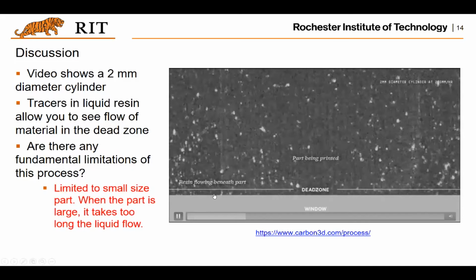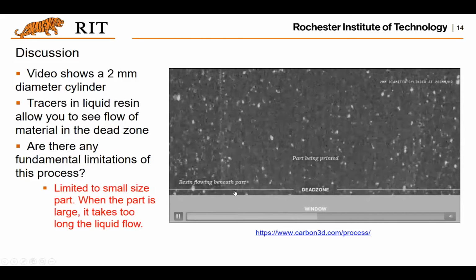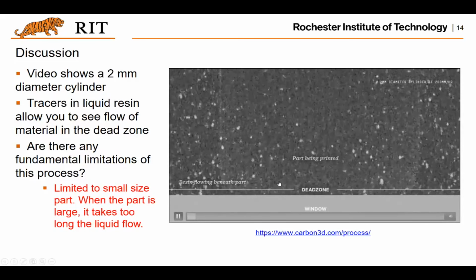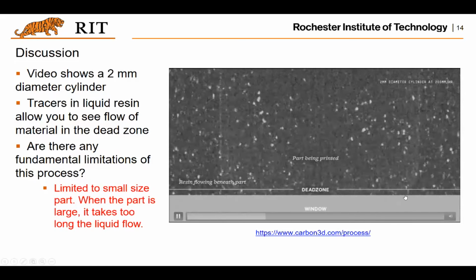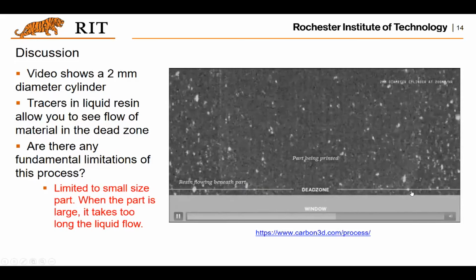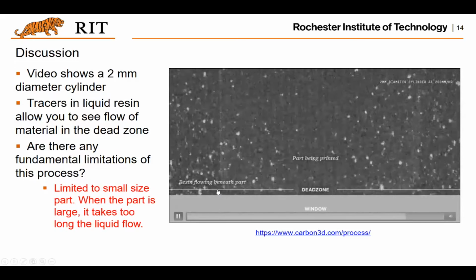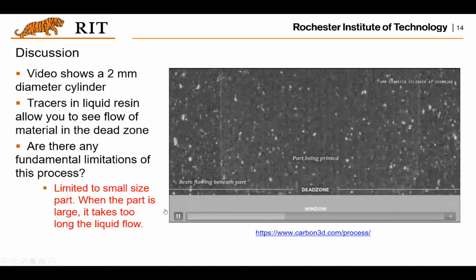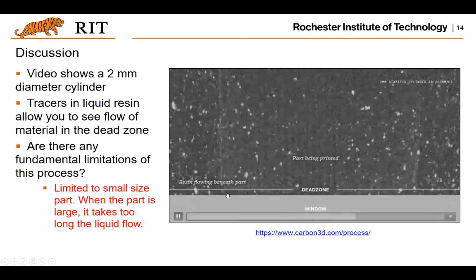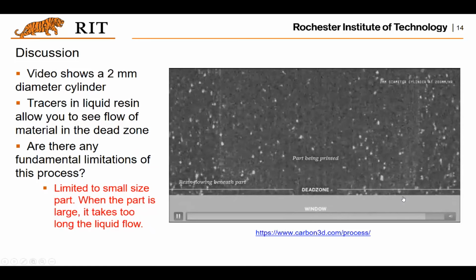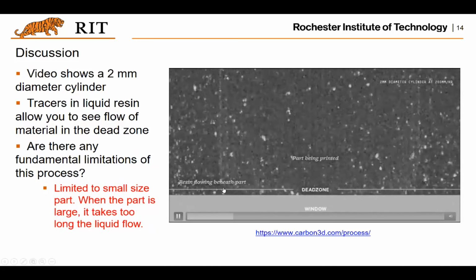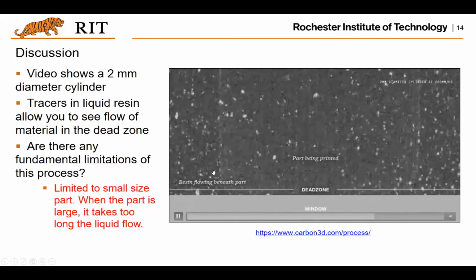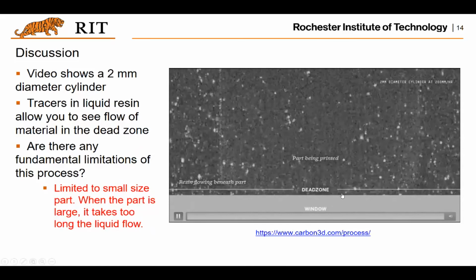Why? Because let's imagine the part is large, that means this region is a big region. Even if you can lift the part, even though there's no bonding between the part and the bottom of the tank in the dead zone, if this area becomes large, it takes too long for the liquid to flow in. It's not water, it's liquid resin, which has much more viscosity than water and other liquids. So it's not easy for it to flow into a small region.